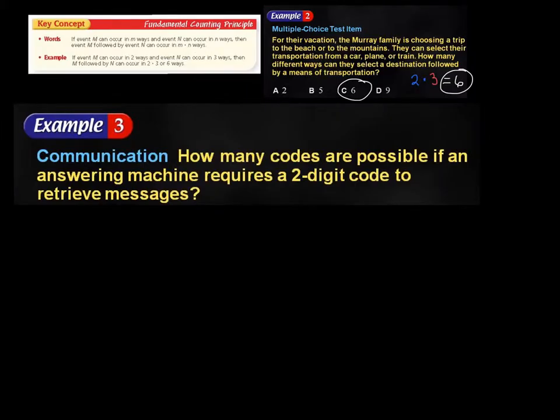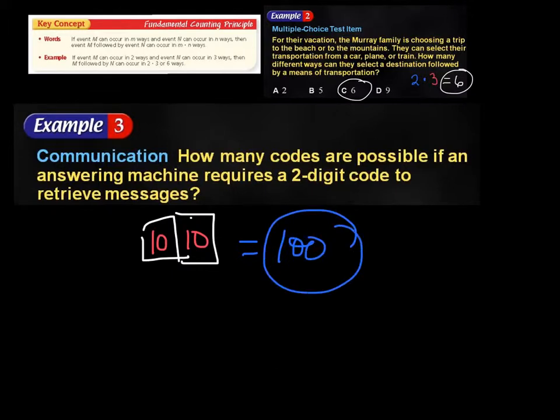How many codes are possible if an answer machine requires a 2-digit code to retrieve messages? Well, the first digit could be anything from 1 to 10, and it didn't say they couldn't repeat, so the second one would also be 1 to 10, and 10 times 10 is 100 possibilities.